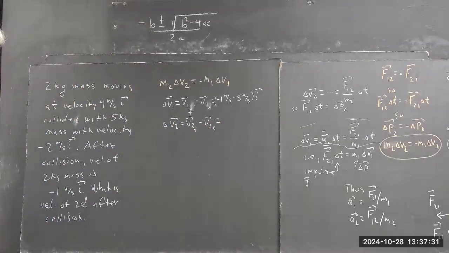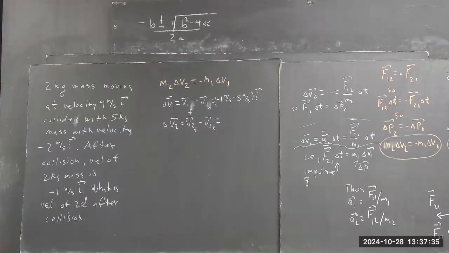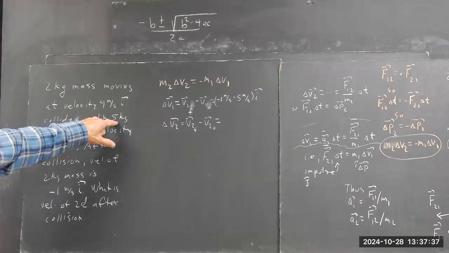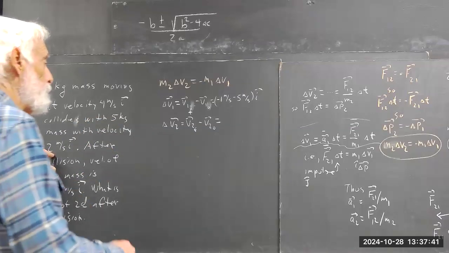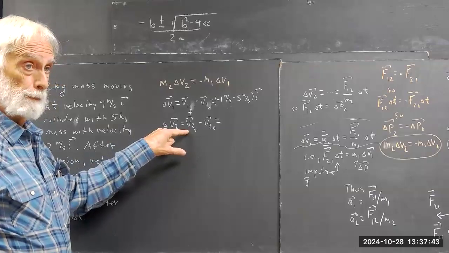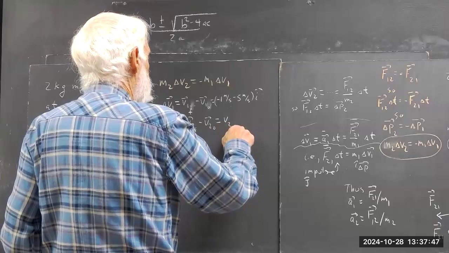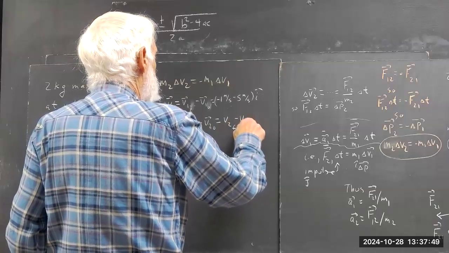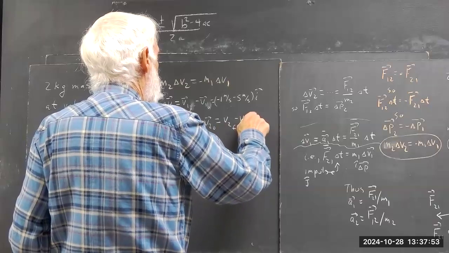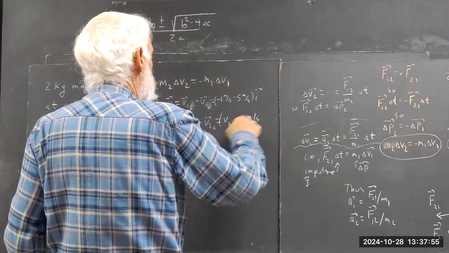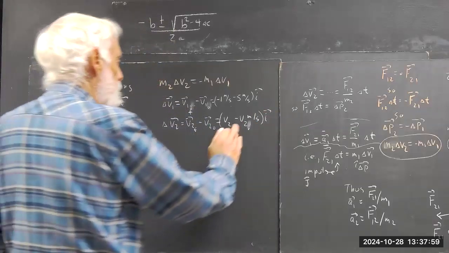Okay. Now delta V2 is V2F minus V2 naught. What do we know? We know the original 5 kilograms moving at -2 meters per second. We don't know V2F. So this is going to be V2F minus V2 naught meters per second times the I vector.